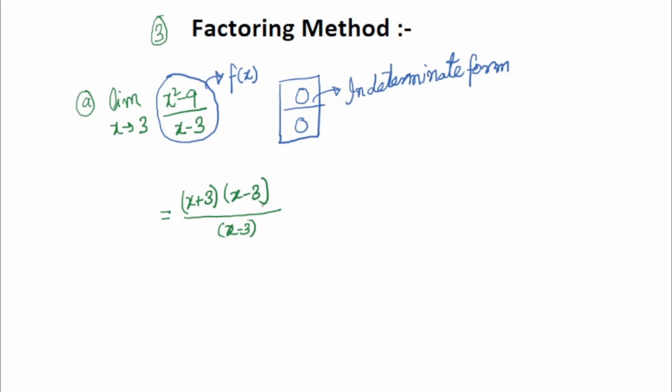We can see that x minus 3 upon x minus 3 cancels. What remains is x plus 3.